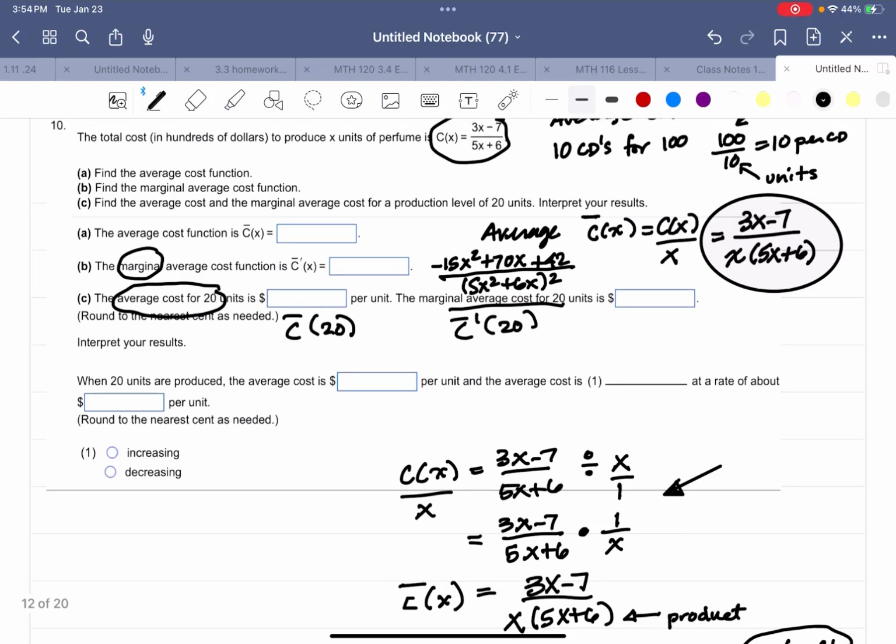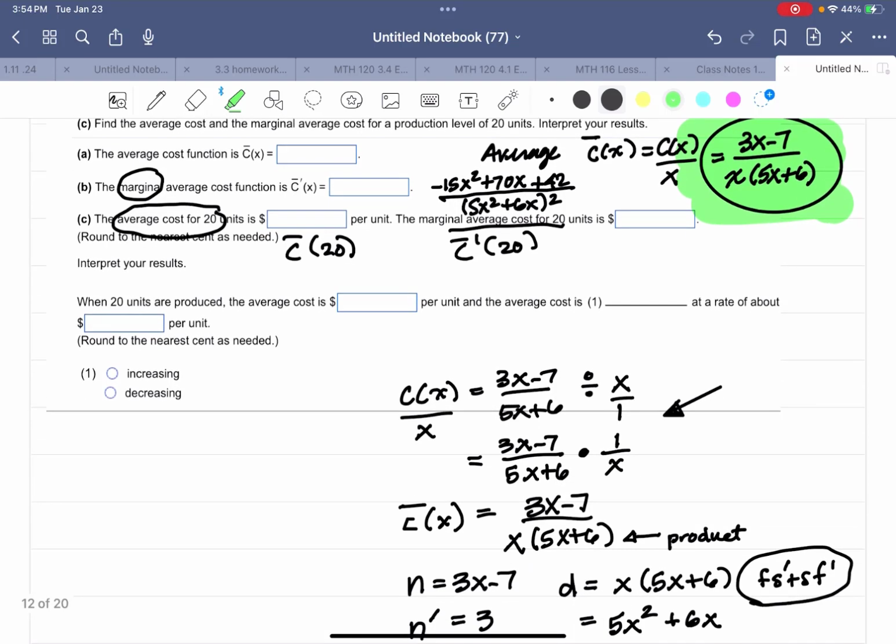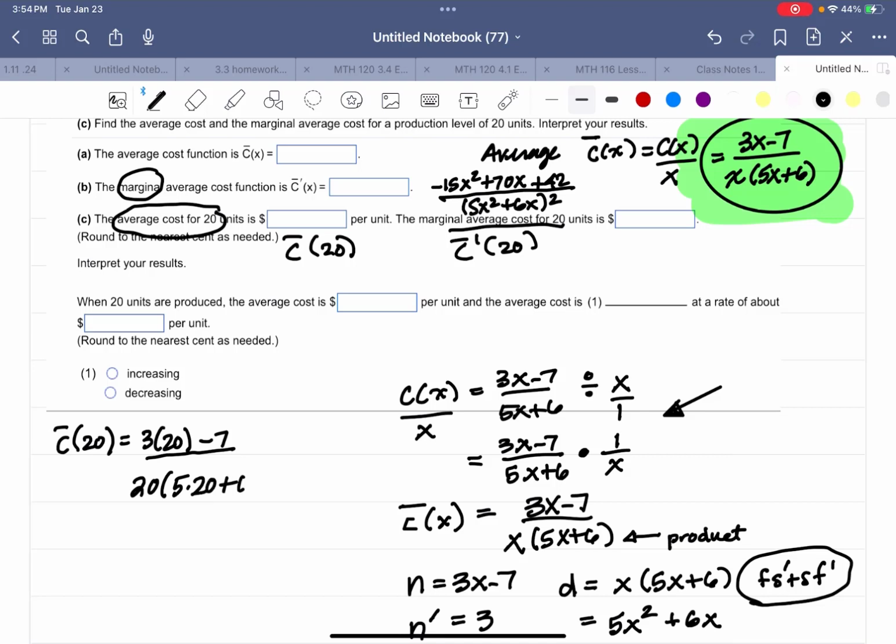So we start with this formula first because that's the average cost. C bar of 20 is 3 times 20 minus 7 over 20 times 5 times 20 plus 6. I could have distributed that x, but this will work. 60 minus 7 over 20 times 100 plus 6.